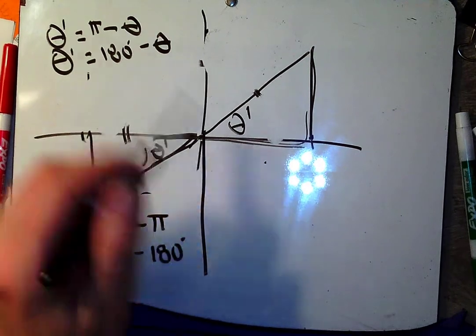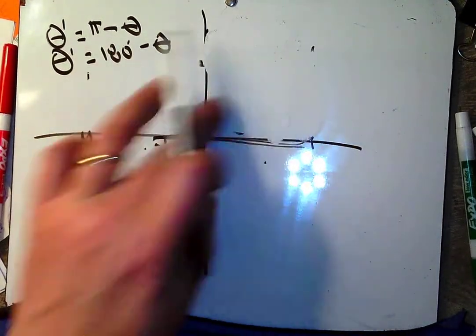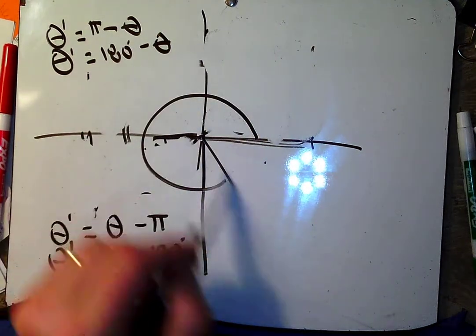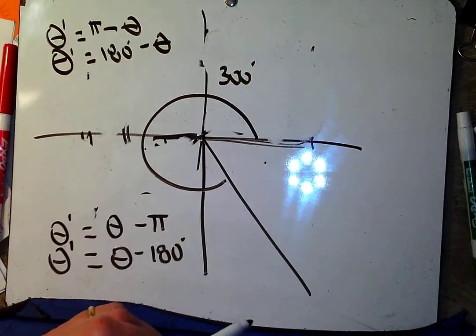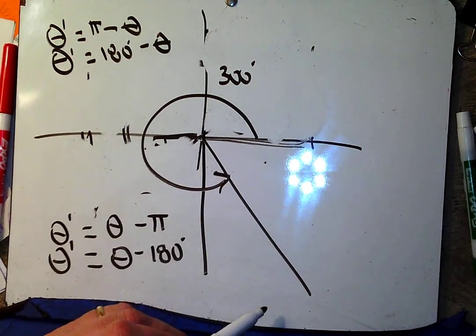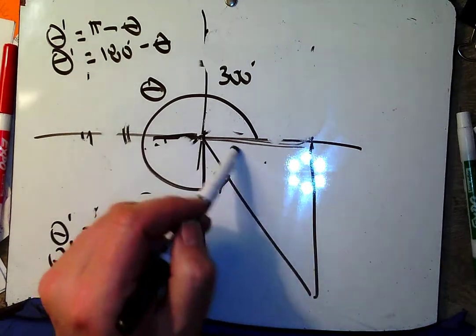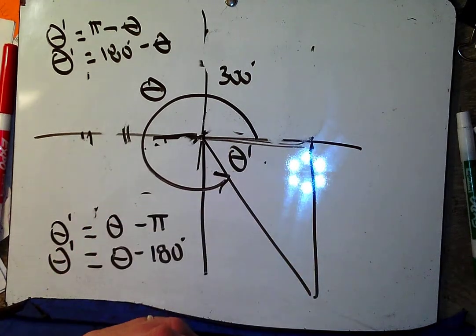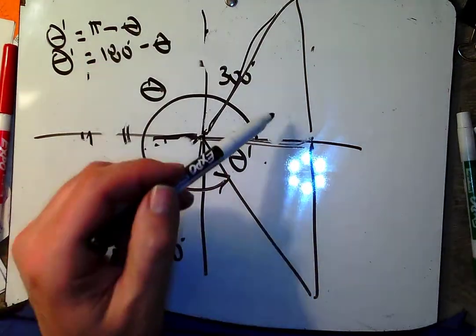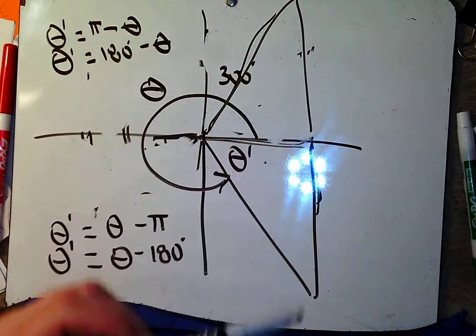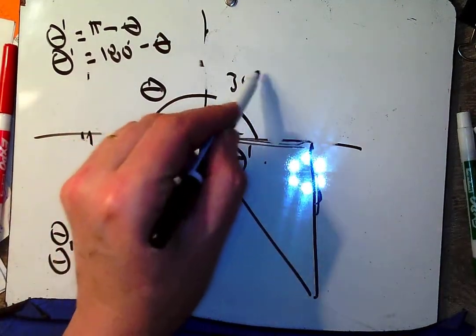So in this situation, let's say I have this angle here. That is 300 degrees. Okay, there's my theta. But I'm going to use this acute angle, theta prime, instead. And here, I just have to change the sign on the y value. Fabulous. So this is 300 degrees.